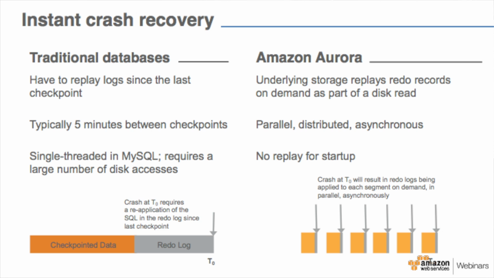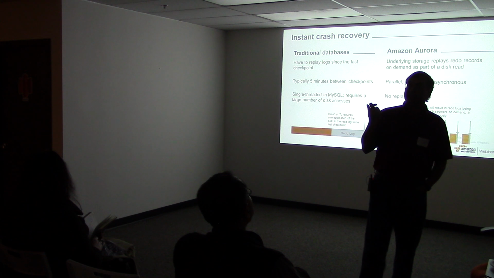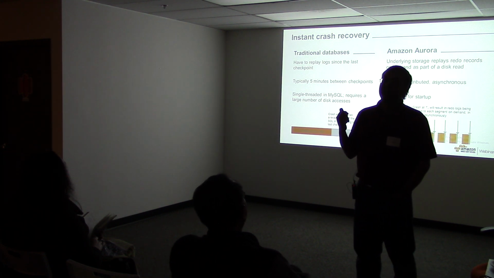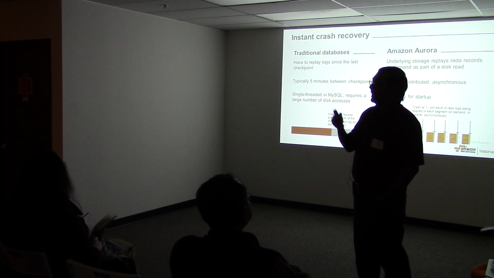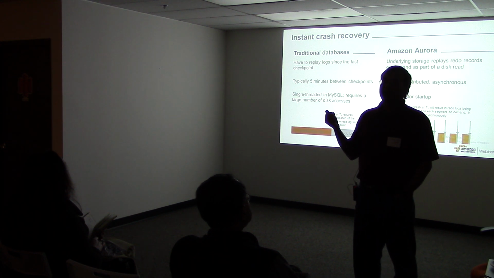Some of the other interesting things about our availability architecture, kind of picking some interesting examples, is instant crash recovery. So if you are familiar with MySQL, what you do is that you checkpoint, let's say every 5 minutes. That's a pretty typical checkpointing interval, right? And when the database fails, you bring it back up, and you go back to the last checkpoint, and you start applying the logs, right?